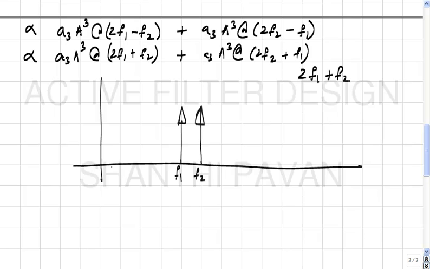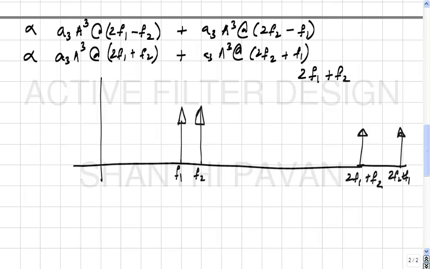So, this will be 2 F1 plus F2. 2 F2 plus F1 will be further off, because the difference between the two of them must be 2 times F1 minus F2. F1 minus F2 is 1 unit on this paper. So, 2 F2 plus F1 must be there.